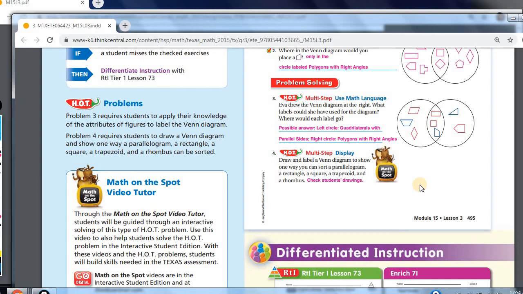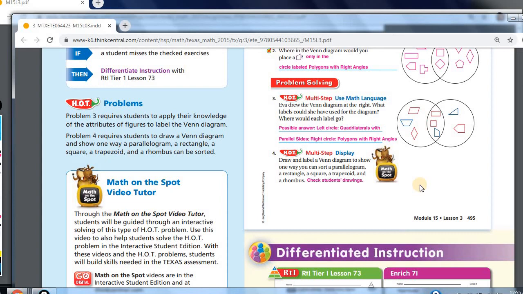The Go Math video also does a very good job taking you step by step, and it gives you more pictures and walks you through it. So the Math on the Go video that you have, please refer to it. That's another resource.